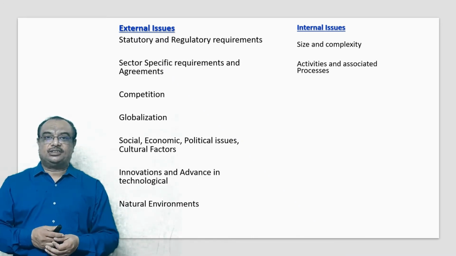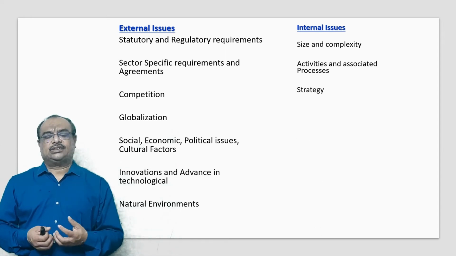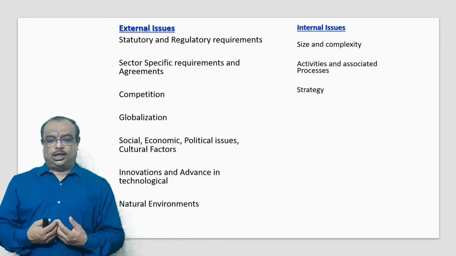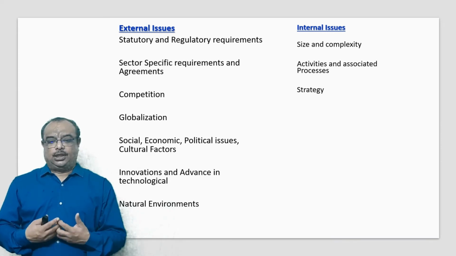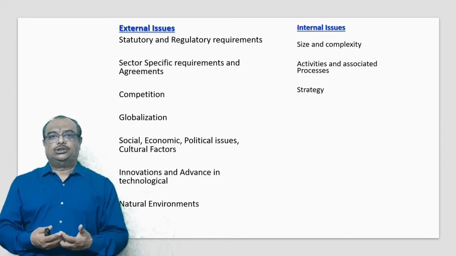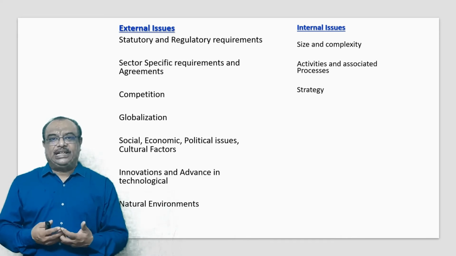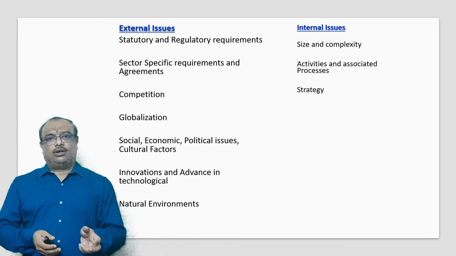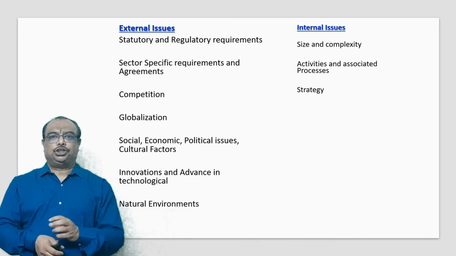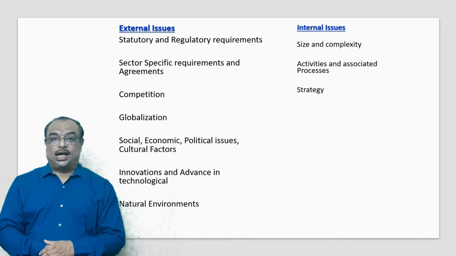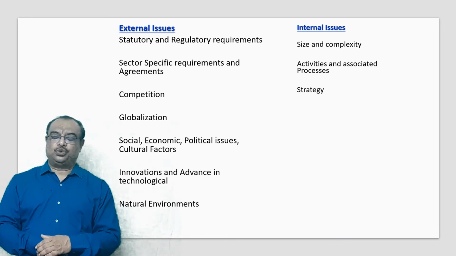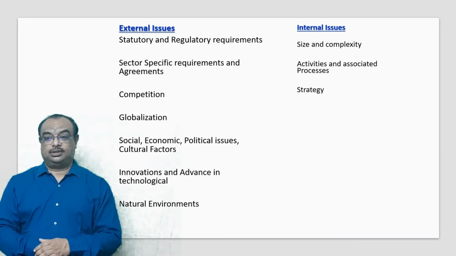And the strategies. If an organization doesn't have a strategy for how to achieve the business objective, how to allocate work to the team, and what kind of competency is required, then again this organization will face issues in achieving its business objectives.